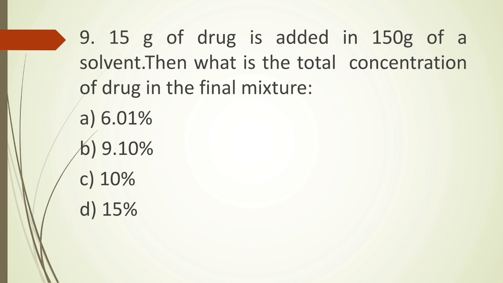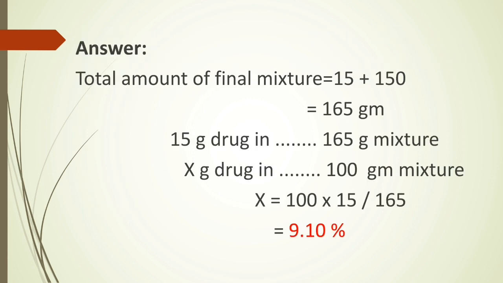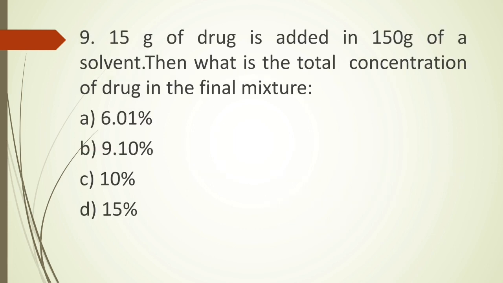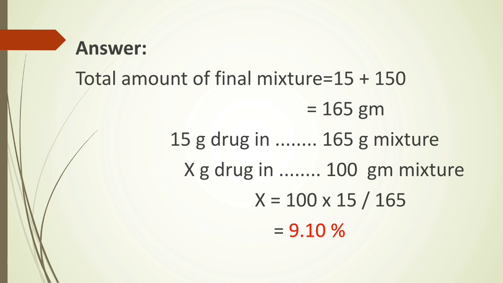Here we are adding 15 gram of drug into 150 gram of solvent. So the final mixture will contain 15 gram drug plus 150 gram solvent, so the total quantity will be 165 gram. 15 gram drug is present in 165 gram, so X gram drug will be present in 100 gram mixture, because we have to find the answer in percentage.